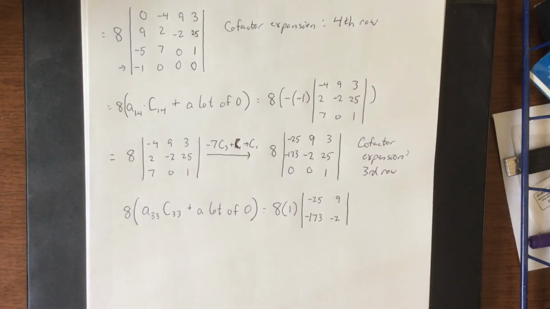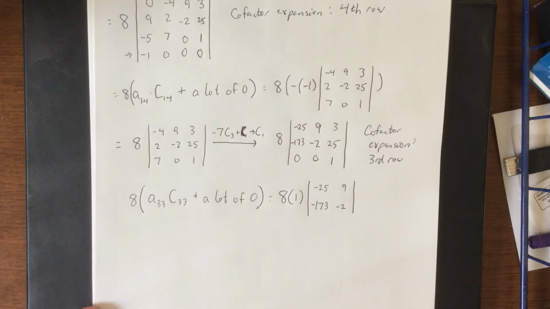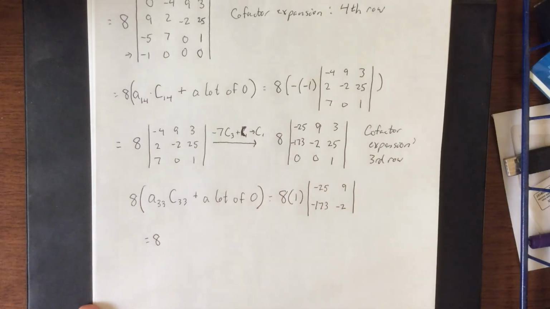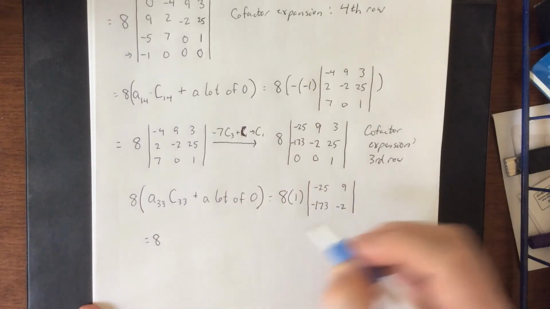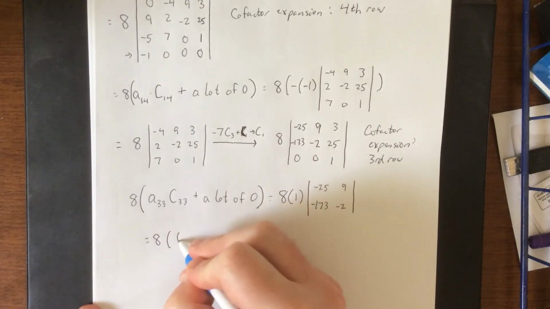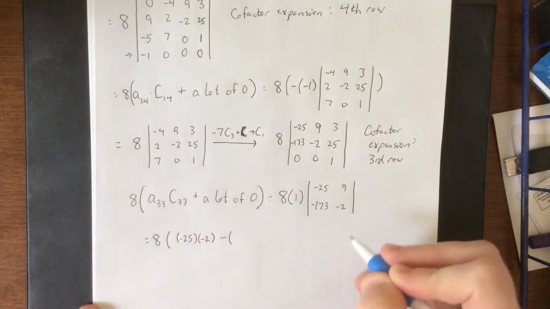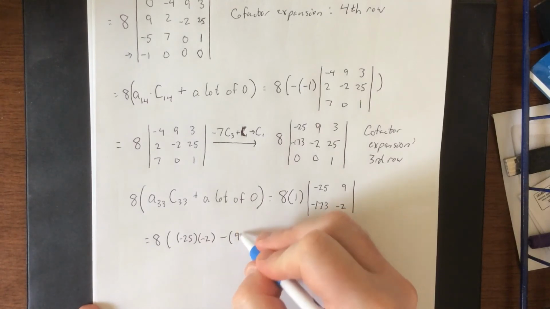I was really hoping to do this without turning to a calculator, and you know what? I'm sticking with it. This will be 8 times the 2 by 2 determinant, negative 25 times negative 2, minus 9 times negative 173.